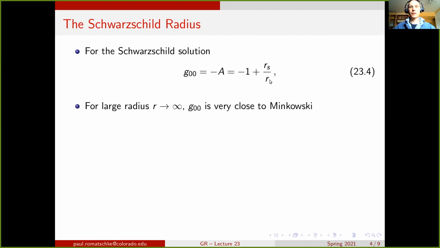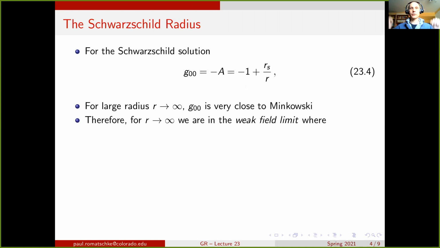If we are at large distances from the center, so if r is very, very large, then this combination is very small, and g00 becomes very close to the metric of Minkowski. So the r to infinity limit, the limit where we go far away from the center, is the same as the weak field limit of the Einstein field equations that we talked about in earlier lectures.